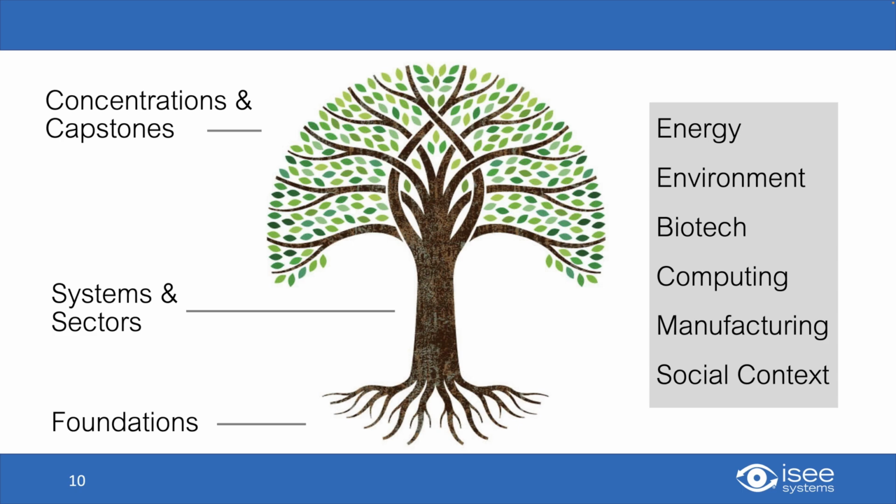The students get a heavy dose of systems thinking and system dynamics in those courses, and it's anticipated that they will use that when they're going into their concentrations. They do senior capstones here also, over 4 semesters. The concentrations we have are energy, the environment, biotech, computing, manufacturing, and the social context.